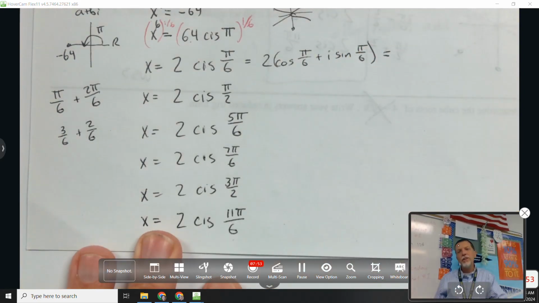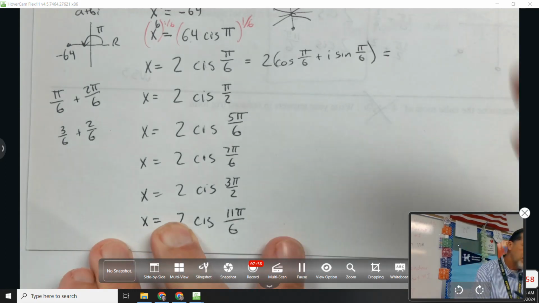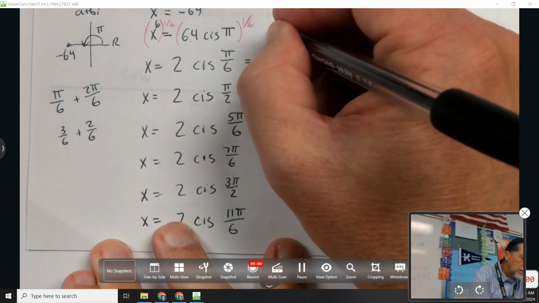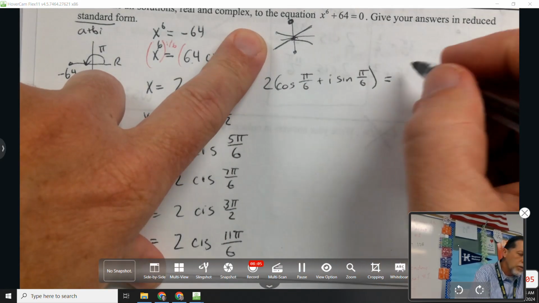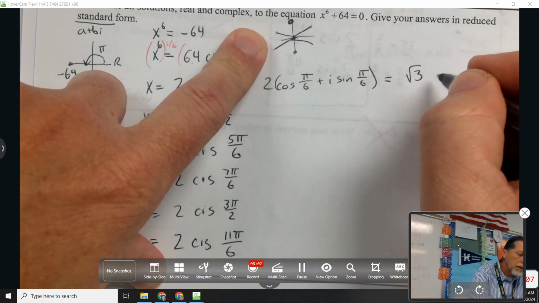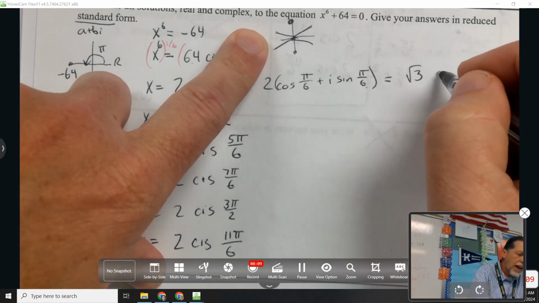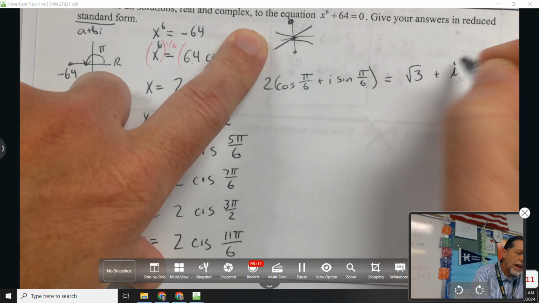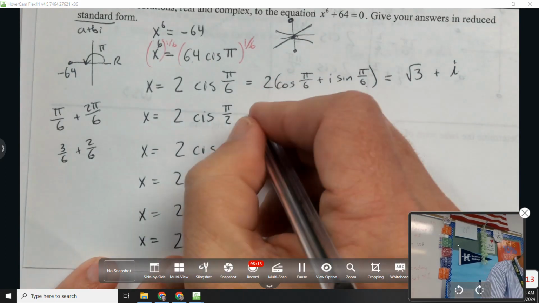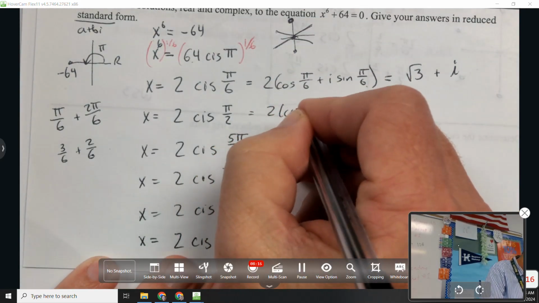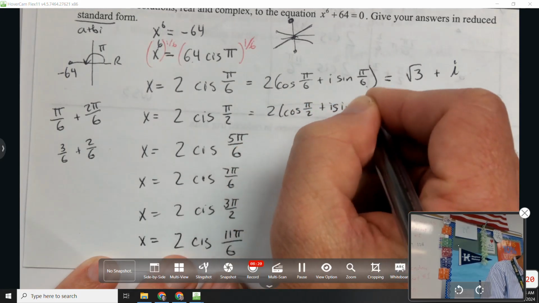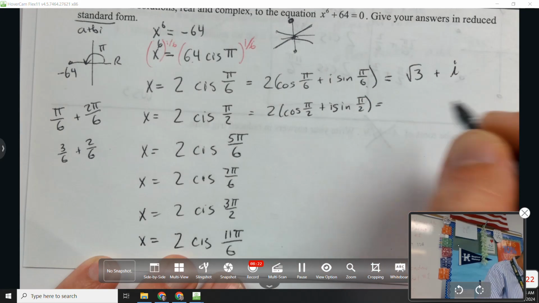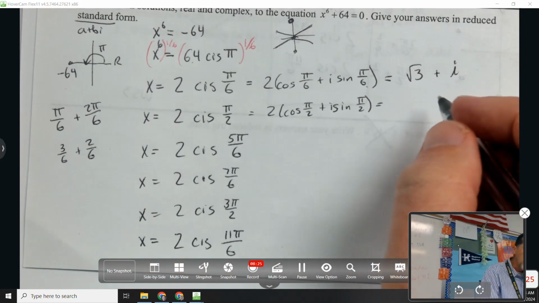Somewhere in here, a bunch of you are going to start skipping steps because you just get tired of writing all this stuff out. Oh, here's where my picture is helpful. Cosine pi over 6 is root 3 over 2, so root 3. Sine of pi over 6 is a half, so plus i. Cosine pi over 2 is 0.